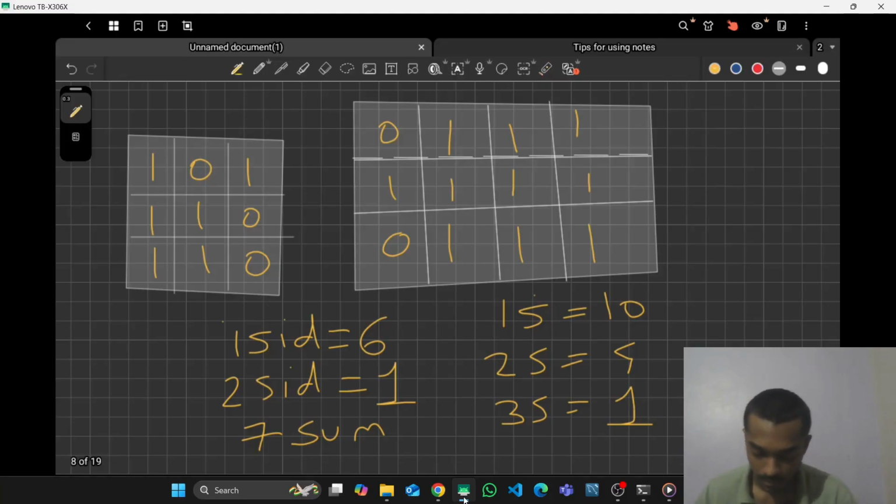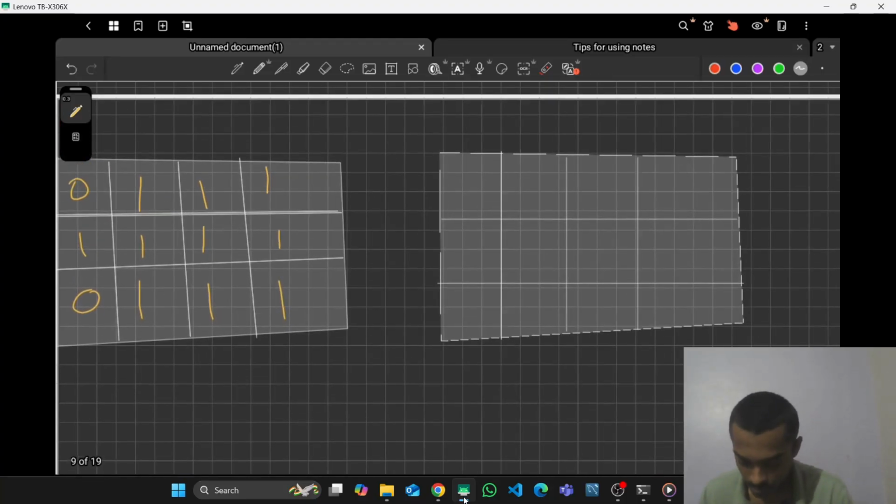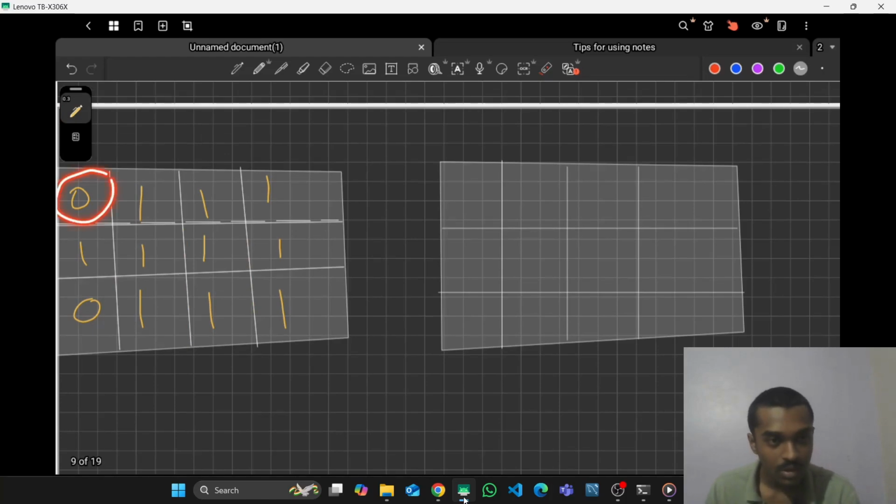Actually, we can solve this question by dynamic programming. Let me explain why this is a dynamic programming question. We can just take subarrays or submatrices. For this submatrix, how many submatrices are there filled with only one? 0, right?